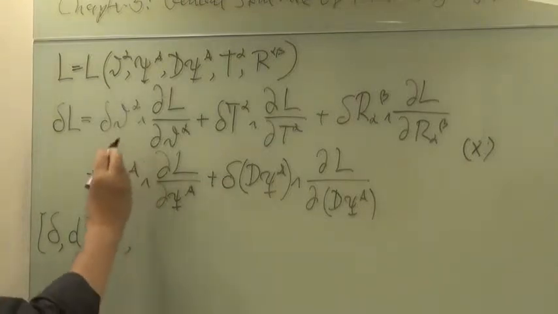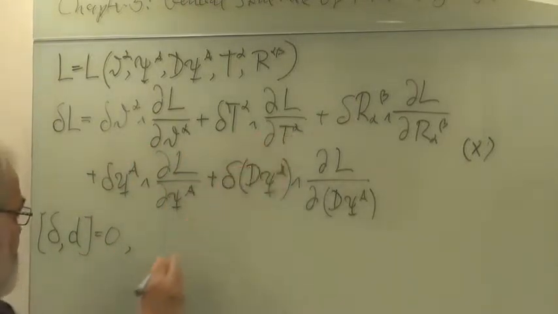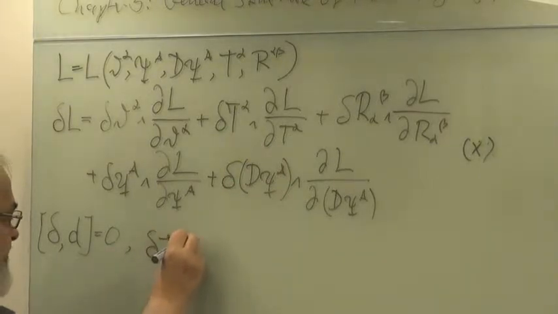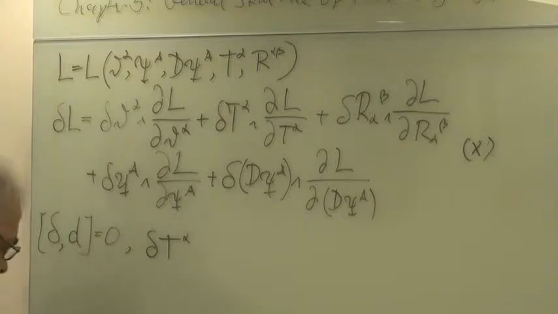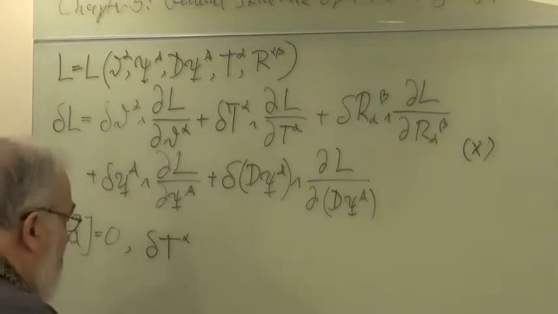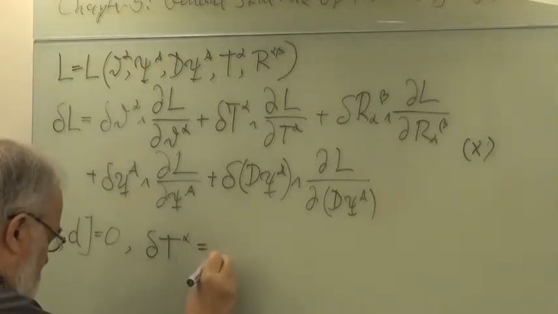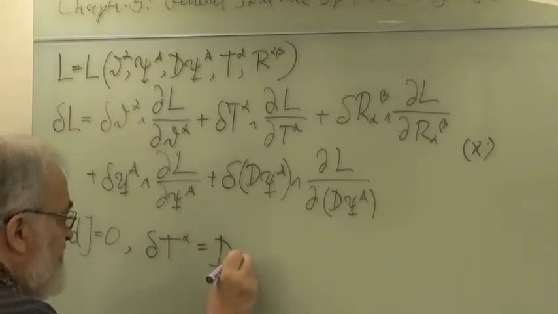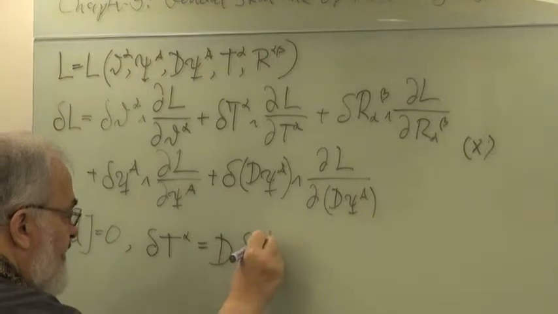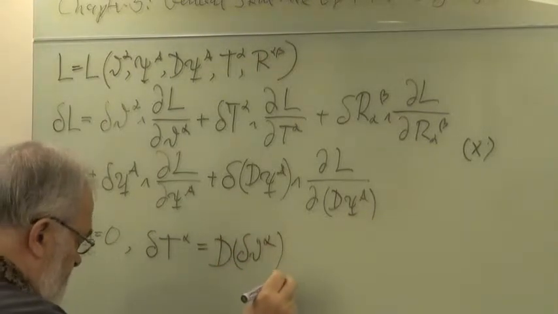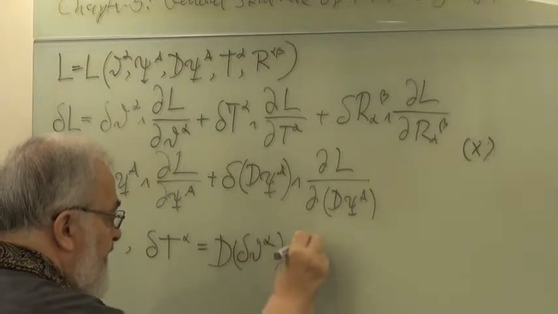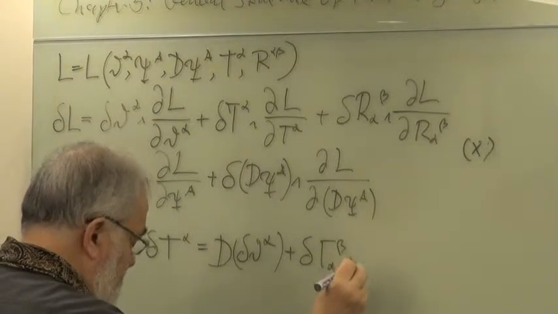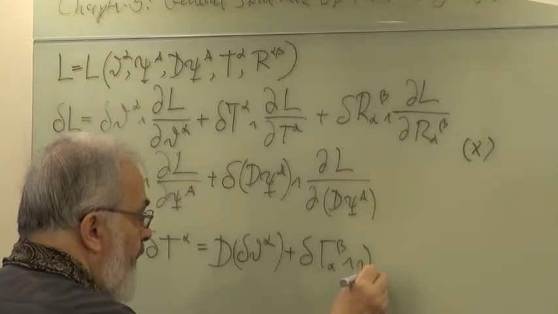And now we have to compute the variation of the T and the variation of R. The variation of T, we just go back to the definition of T, is D times variation of theta alpha plus variation of gamma alpha beta, which theta beta.